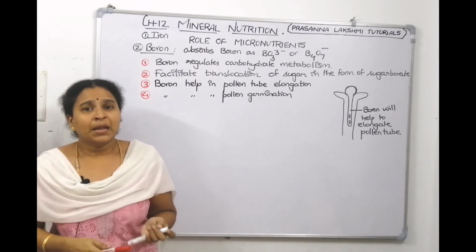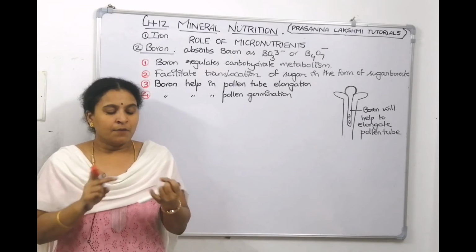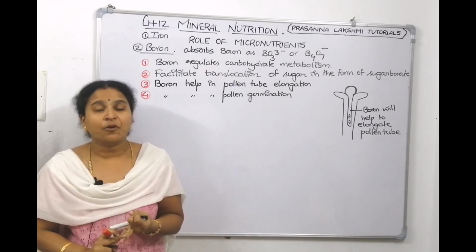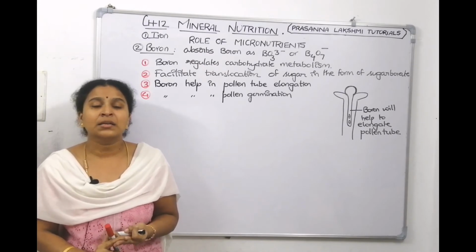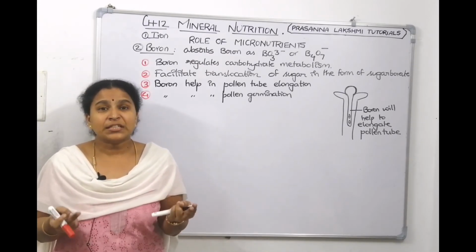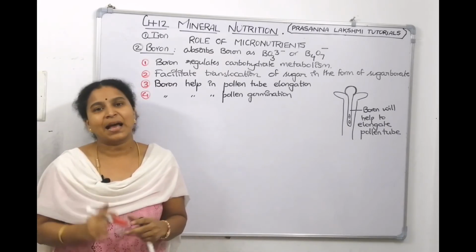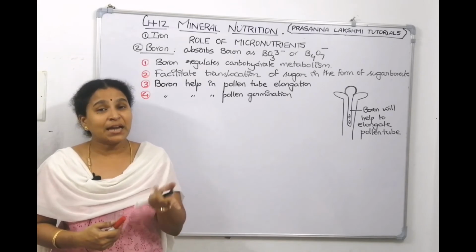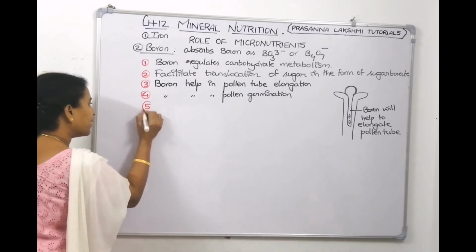Next we can tell, calcium is very much required for the plant, for cell division, for middle lamella formation, and calcium is an activator for ATPase and amylase. Now, if the cell has to take up and utilize calcium, it happens in the presence of boron only. Means boron helps in uptake and utilization of calcium. What is the fifth function?